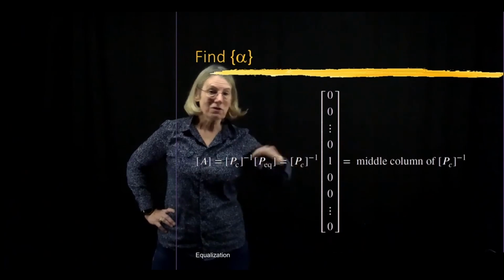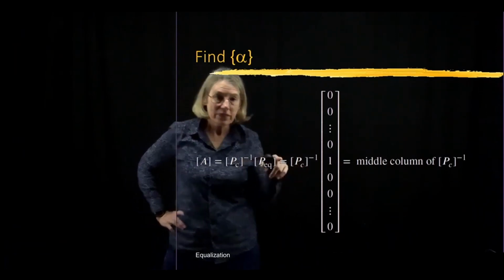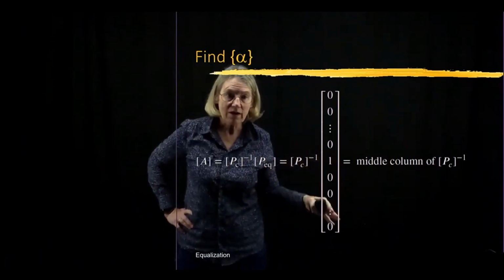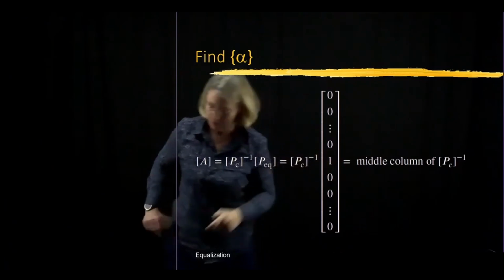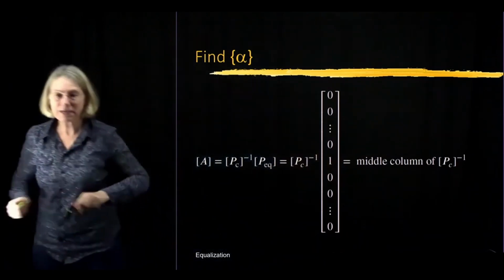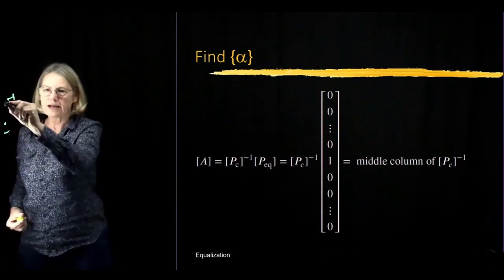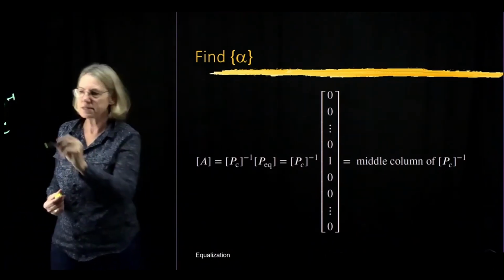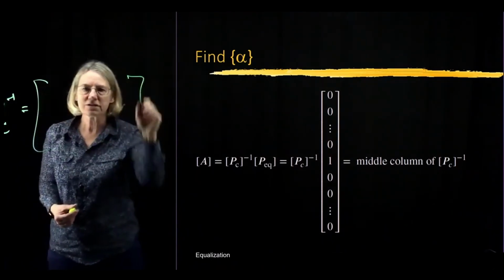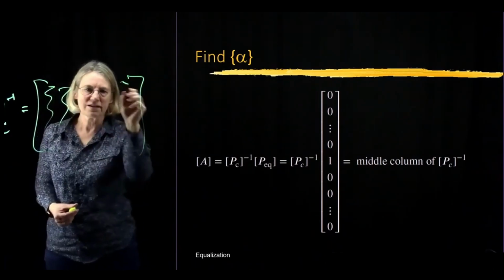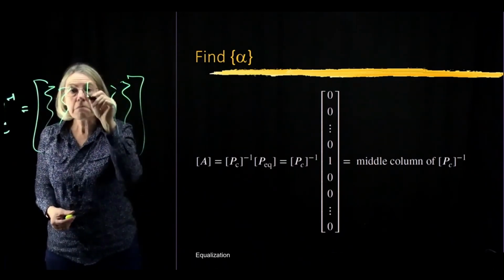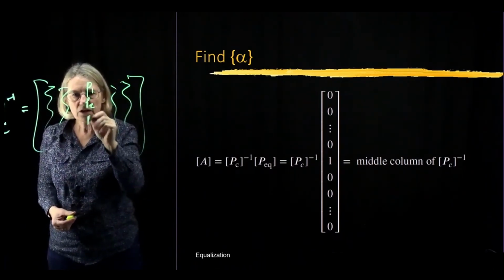So just matrix multiplication, what is this going to do? This is going to be 0 everywhere except the middle column. So here I am at PC inverse, which, I know PC, and I go and I calculate the inverse of PC. And when I get the inverse, I get all kinds of things, many, many columns, and then in the middle, I got the middle column.